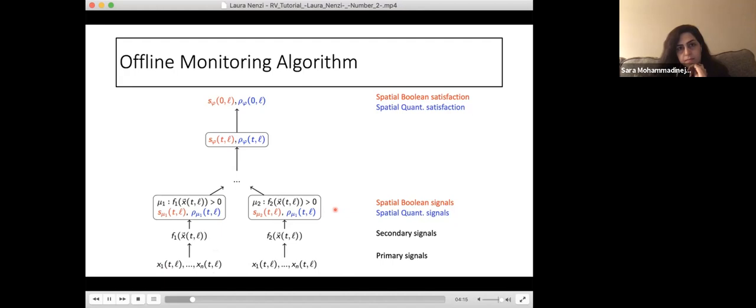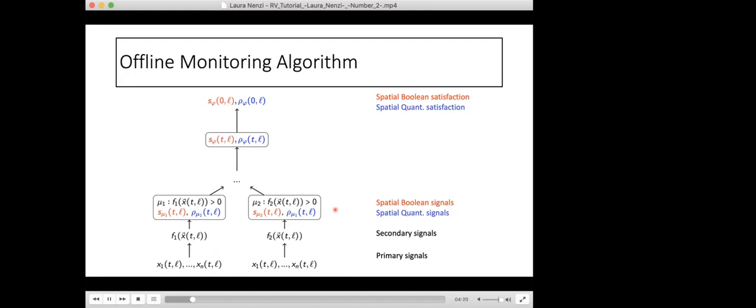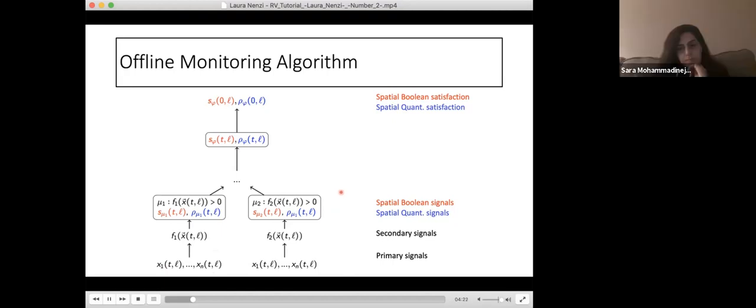And then we have a different algorithm for each operator. What we have done mainly is to extend the evaluation of the temporal operators to spatio-temporal trajectories, and then in particular we add the algorithms to check the spatial operators.